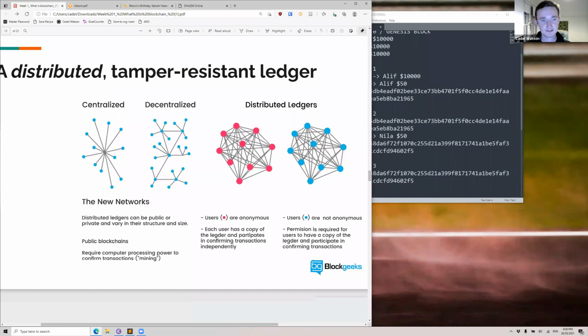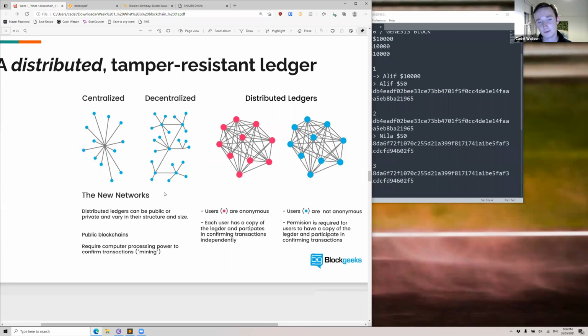Okay, so since we've now got an axis between centralized and distributed, the two polar opposites from each other, there's also a middle ground, which is known as decentralized networks. And here you can see we've got this almost hub and spoke pattern. So we've got a bunch of little distributed networks that are connected together.